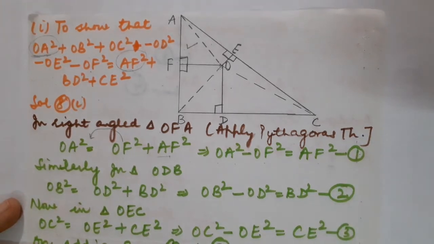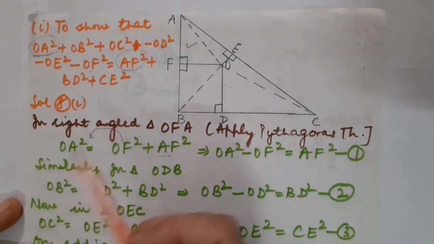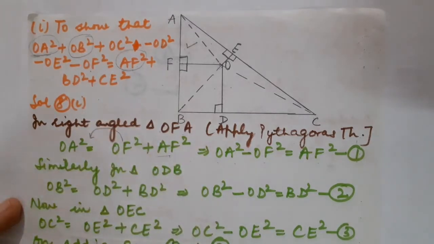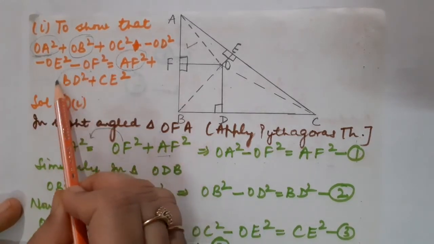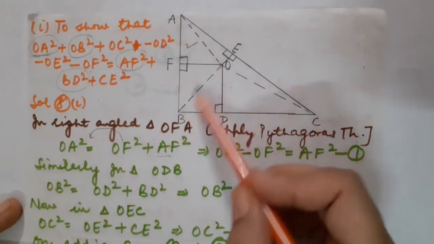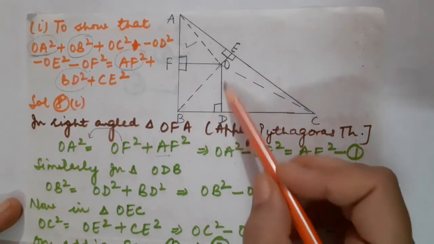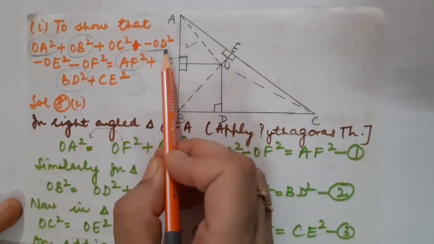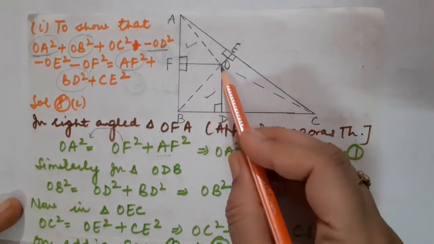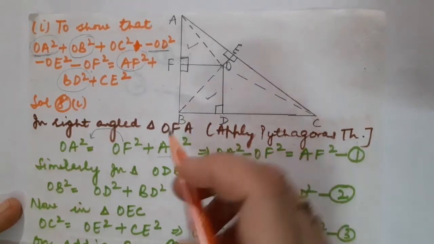Got it? Now, what did I observe, that which particular right angle triangle I should choose? I saw here OB square and here I saw BD square. OB square, BD square, and of course I want OD square as well. Have a look. So definitely I should choose the triangle BDO, or you can call it ODB. Fine.